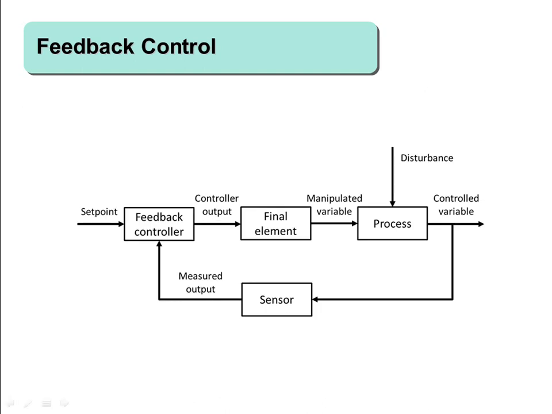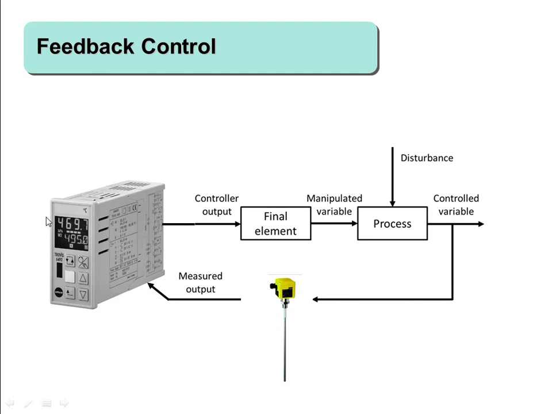If we look at the real elements that can be found in a feedback control loop, we have the measuring element that is placed in the process and sends the information to the feedback controller. The feedback controller receives this input, and the set point can be changed by the keyboard or sent by another supervisory system, and the controller, based on this information and the set point, decides the controller output.